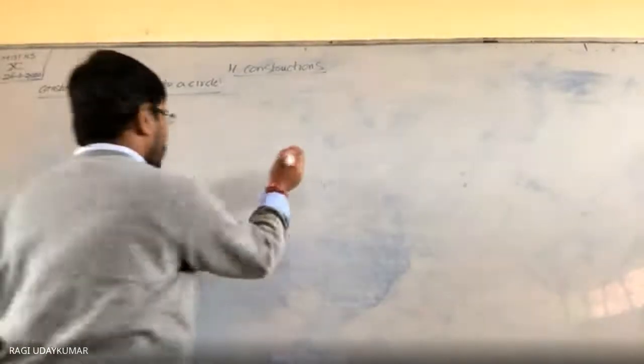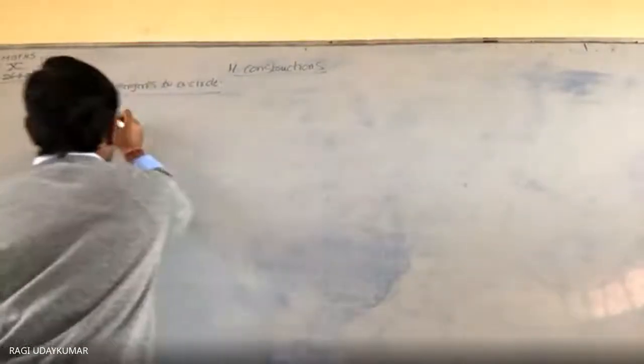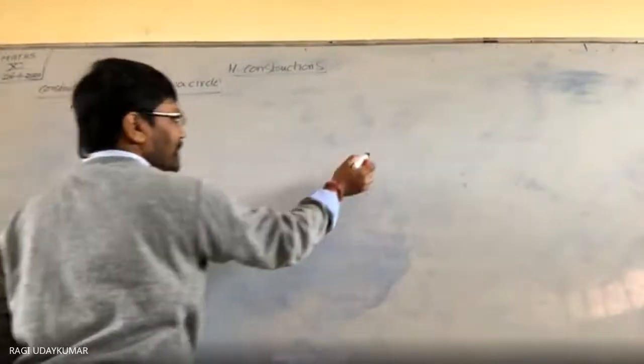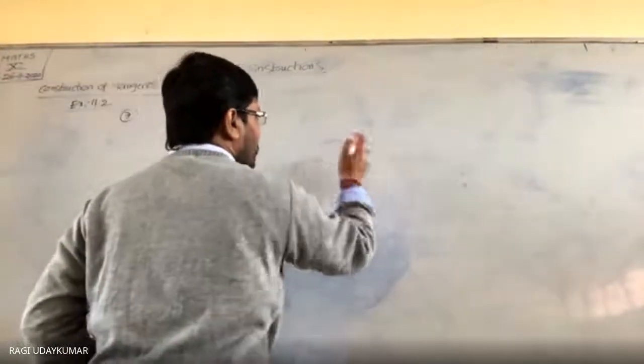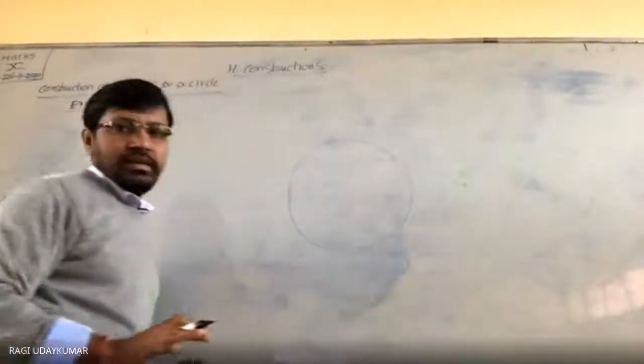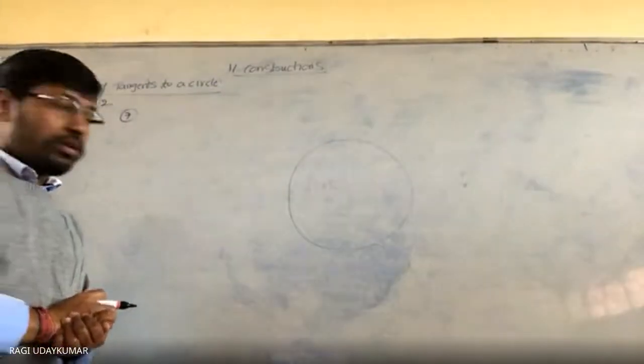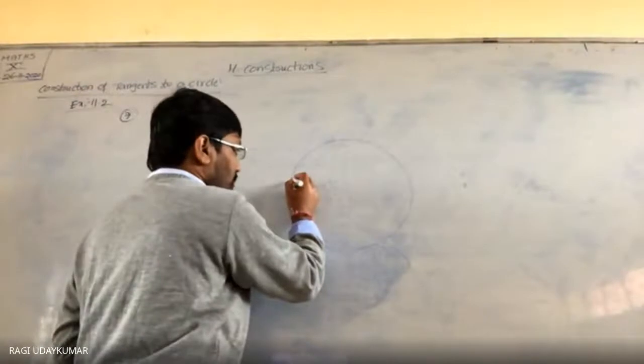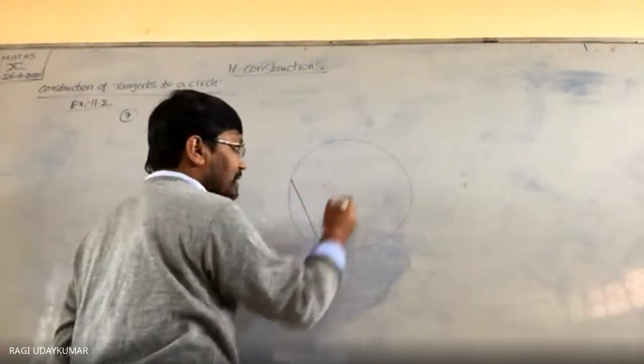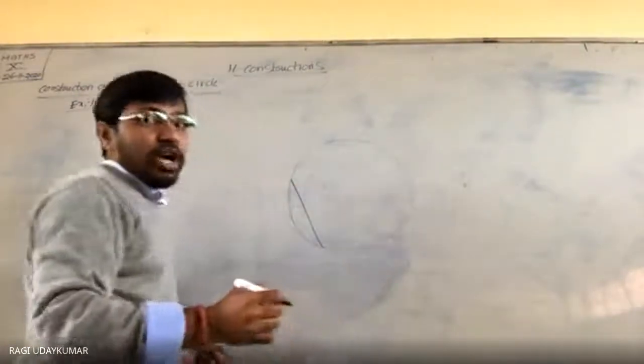Sir, suppose I have drawn 7th problem ना. It is nothing there. Circle draw करो. इसका center क्या है मुझे पता है. I don't know the center of this circle. So now what to do? Perpendicular bisector of the two non-parallel chords to be taken. Sir, why do we take the non-parallel?